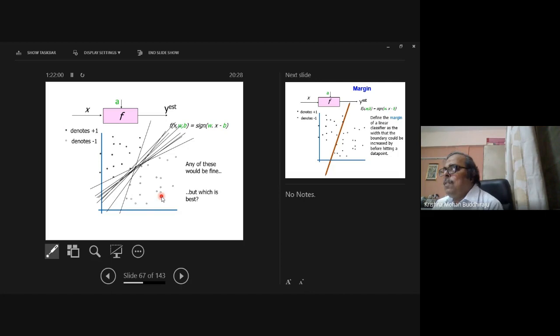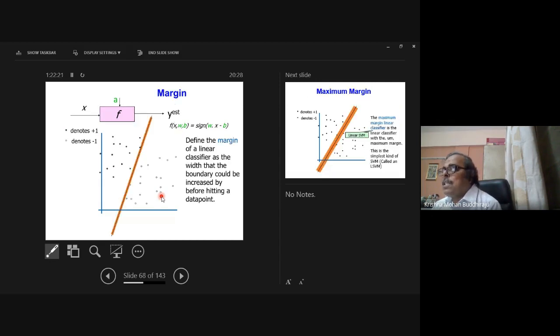All of them have class 1 on one side, class 2 on the other side. All of them give you 100% accuracy as far as these samples are concerned. But what happens when you have new samples, test data? These are all training data, fine. What happens when you give test data?